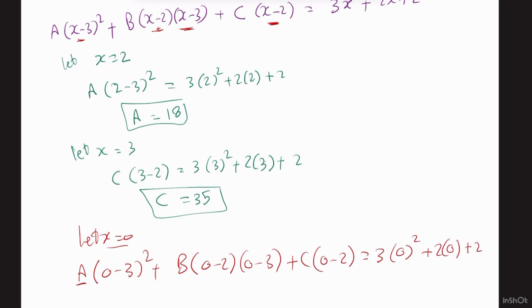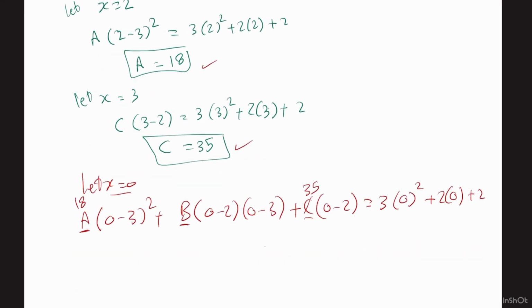Still we have a problem that we have the values of A, B and C, but don't forget that you already got the values of A and C. So let's substitute the value of A here as 18, and the value of C here as 35, and start to simplify this equation more.